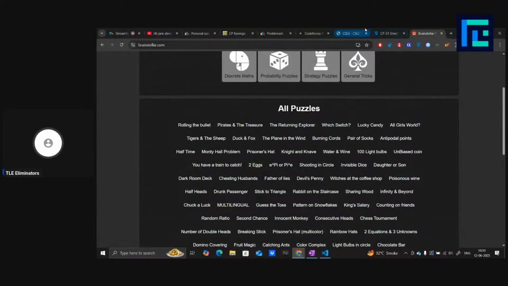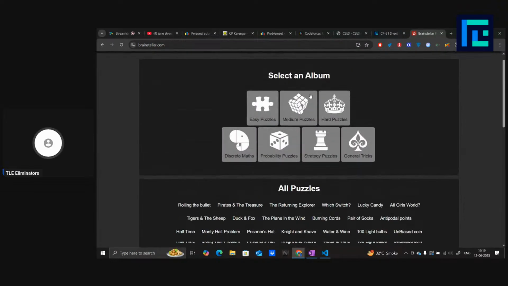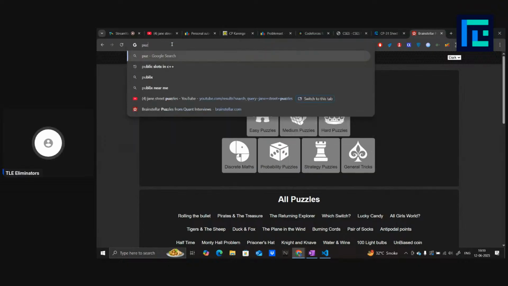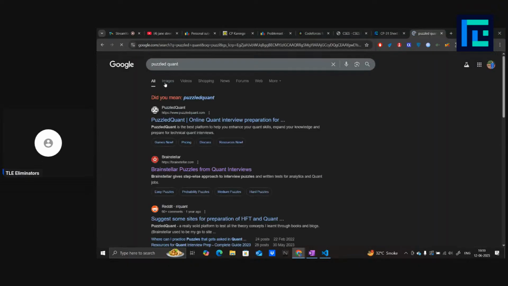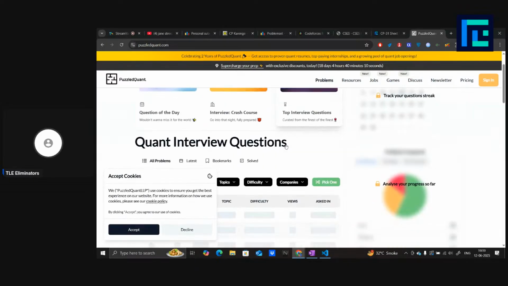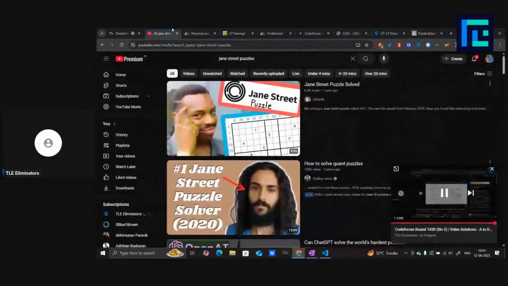Jane Street types are basically probability puzzles. And you can try this website, Puzzled Quant, also. This is also a nice website to solve puzzles.